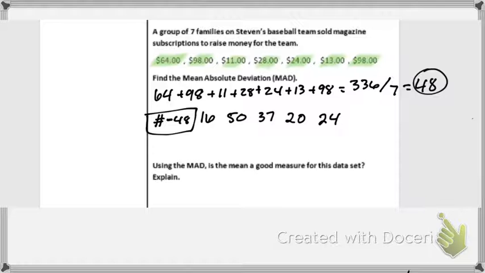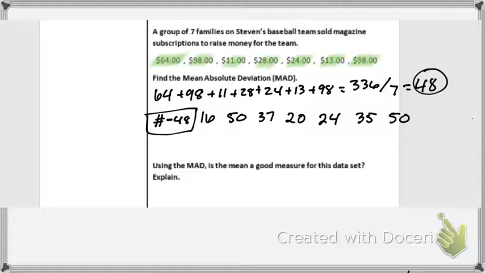Got 13 minus 48, 35, and 98 minus 48 is 50. Right, so these are the differences between the mean and the data values that we have up here, right?